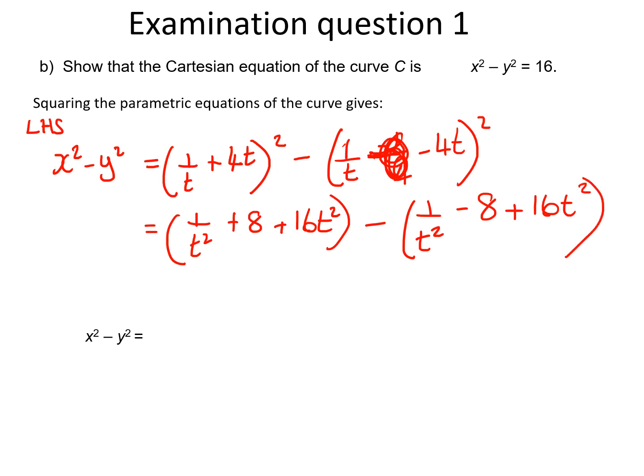Good, things cancel out. Oh no, it's not gone, because that's minus minus. That's plus. So that makes 8 plus 8, which is 16, which equals the right hand side. Bingo, we can go home happy.